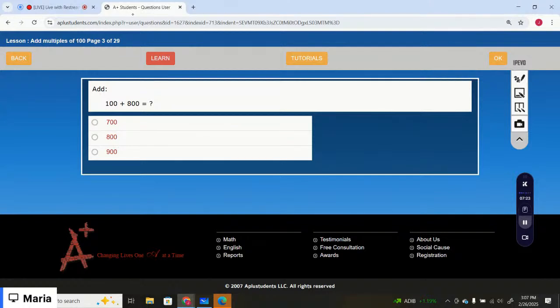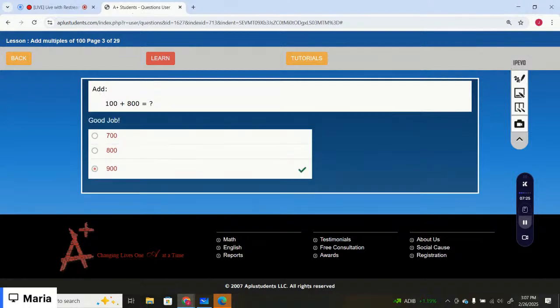That is 900. 100 plus 800 makes 900. So the correct option is 900.